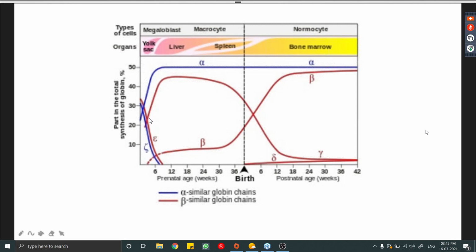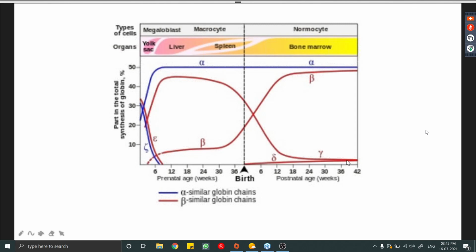Whereas initially in prenatal life, there is the epsilon chain, and finally there is synthesis of gamma chains. By 12 weeks gamma chains have started synthesizing, and their levels increase maximally up to 36 weeks, and after that they start decreasing.